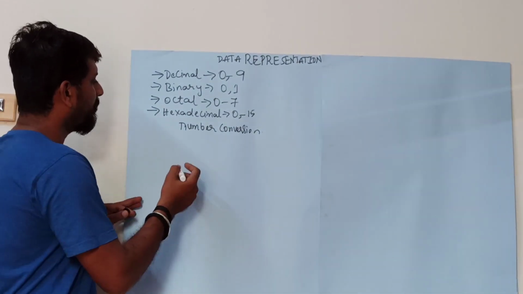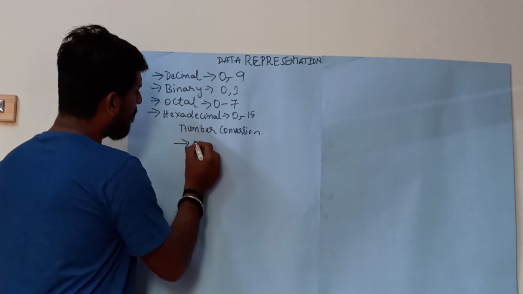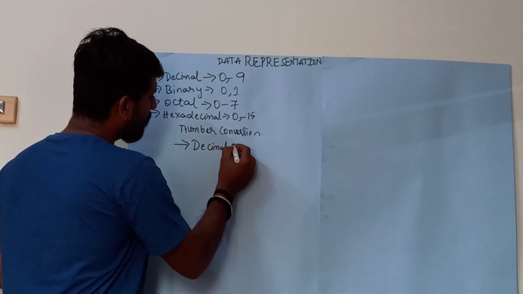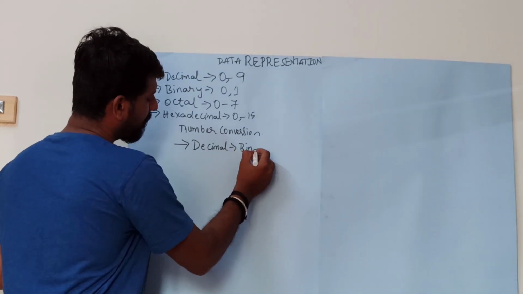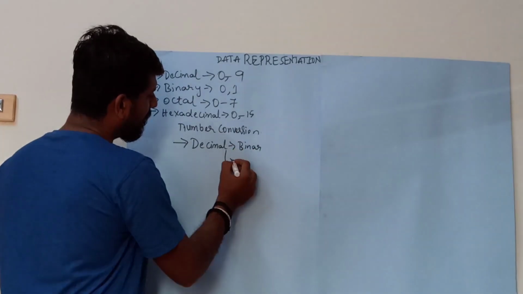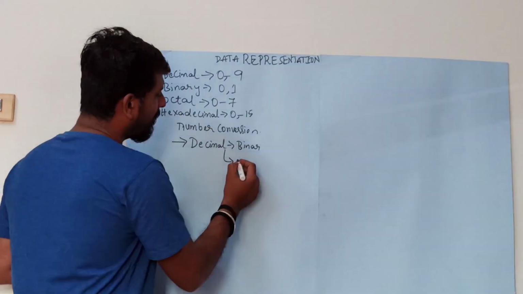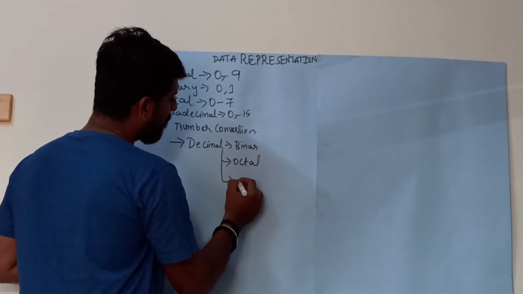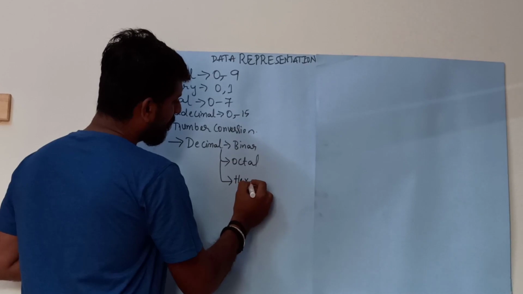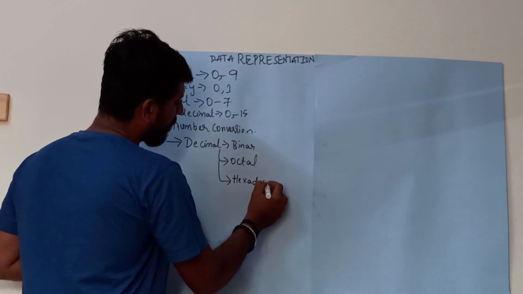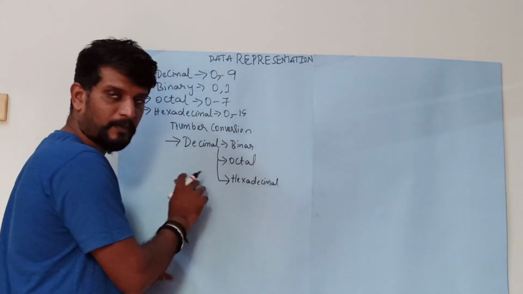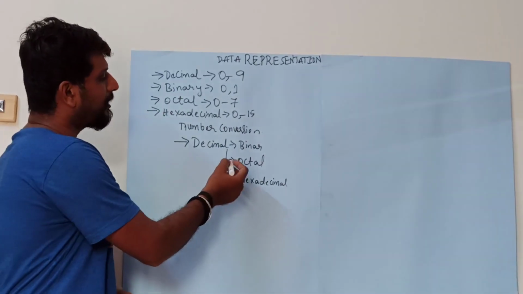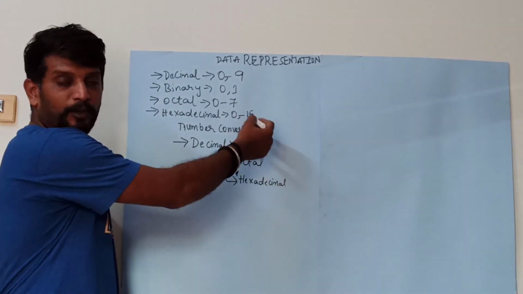The first thing you have to remember is, you can convert decimal to binary directly. You can convert decimal to octal directly, and you can convert decimal to hexadecimal directly. Okay, you have to remember these things, because in our examinations they will ask you to convert an octal number into a binary number, like that.